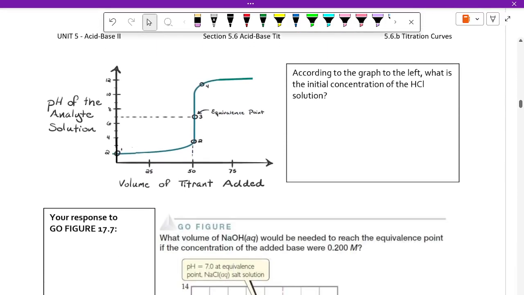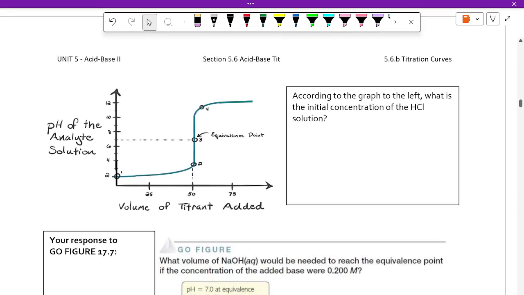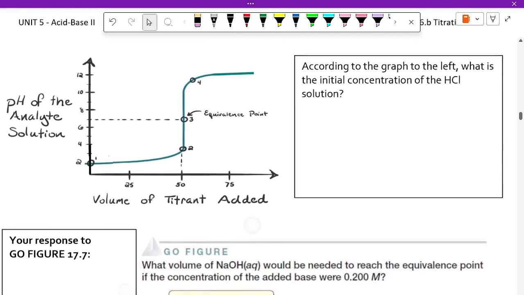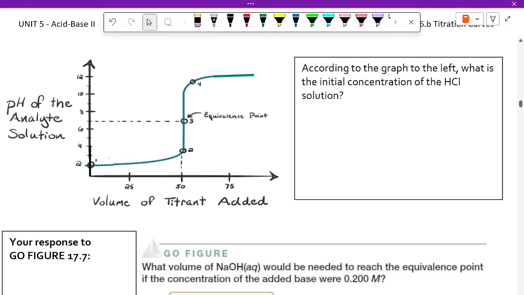According to this graph, what is the initial concentration of the HCl solution? And you guys get to solve that.